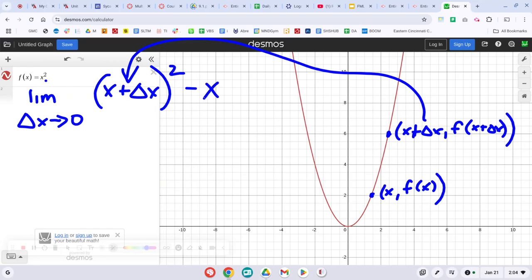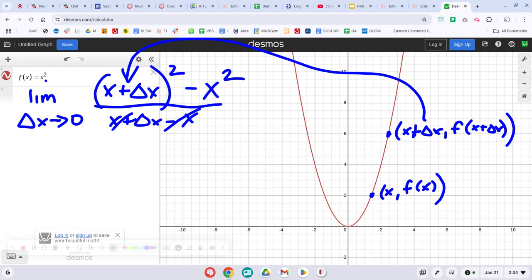So now I'm just subtracting x squared. This is y2 minus y1 in our function. And then on the bottom, I get x plus delta x minus x. And what is that? That's just delta x. So I still can't put in 0 for my delta x because I have a delta x on the bottom.